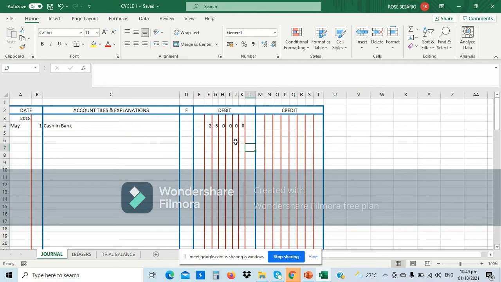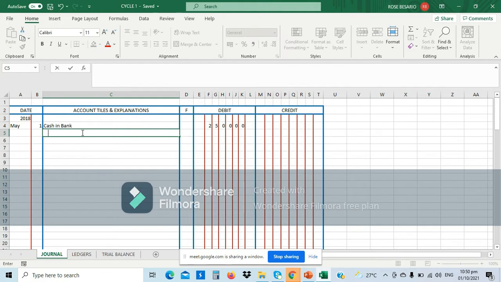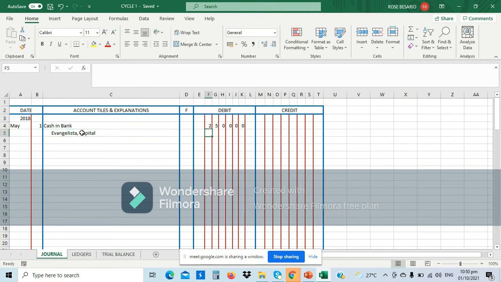So you cannot just write from any of the columns. So 250,000. And then our credit is Evangelista Capital, since this is an investment, 250,000. Actually, you can just do this if you are familiar now with the columns.